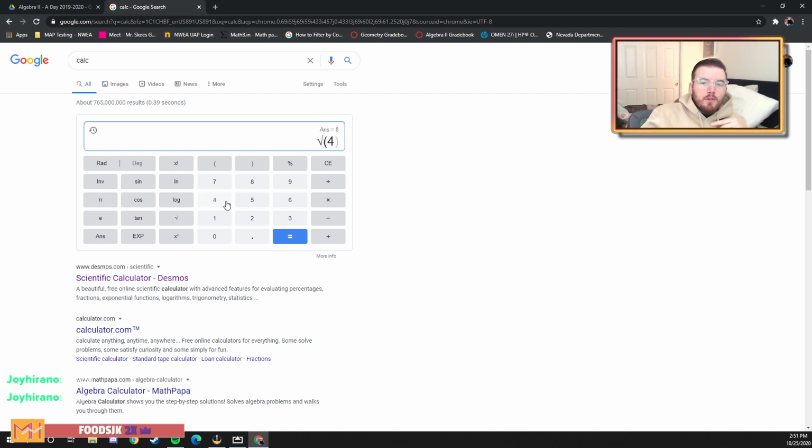So the square root of 4 is like groups of 2, so you're looking for groups of 2. So 2 times 2 gives me 4, so the square root of 4 is 2. But the cube root of 8 is 2 as well, because 2 times 2 times 2 is 8.